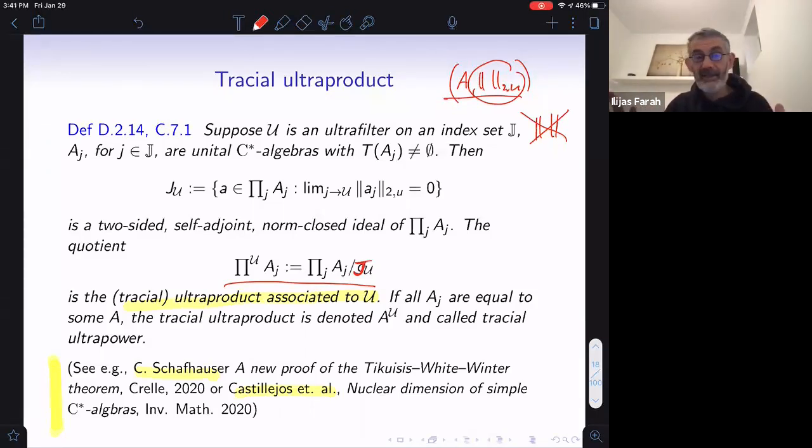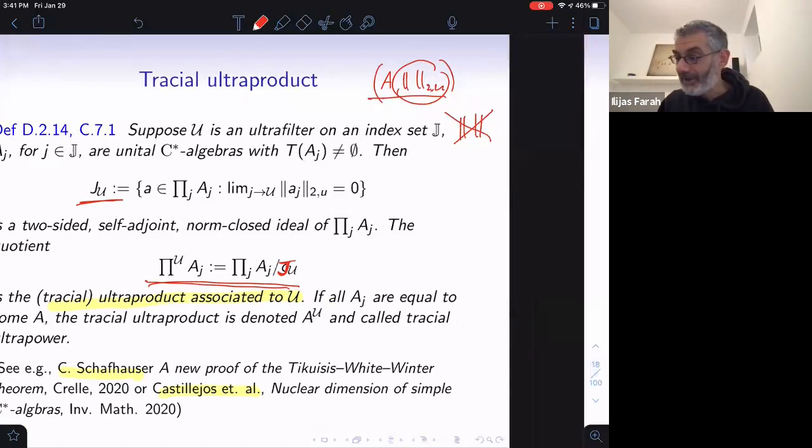It is not obvious why this should be a C*-algebra if you think like a model theorist. But if you think like a C*-algebraist, it is obvious because you have a two-sided norm-closed ideal, so the quotient is a C*-algebra. Now what that has to do with the original C*-algebra, that is a different question.